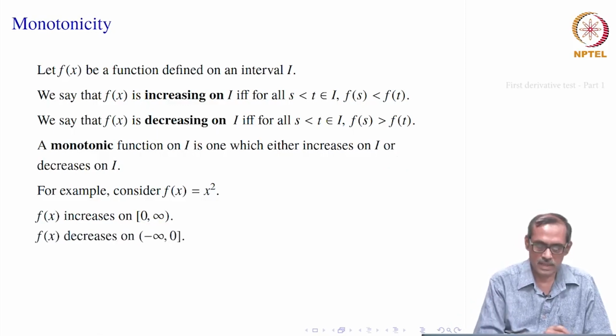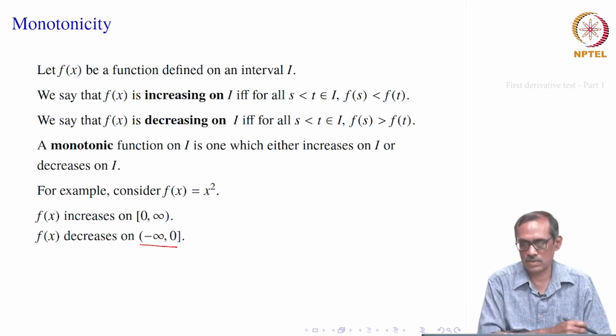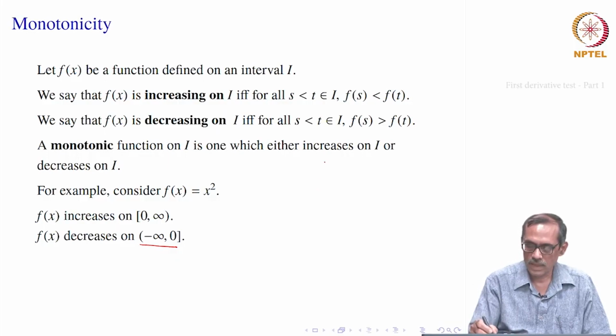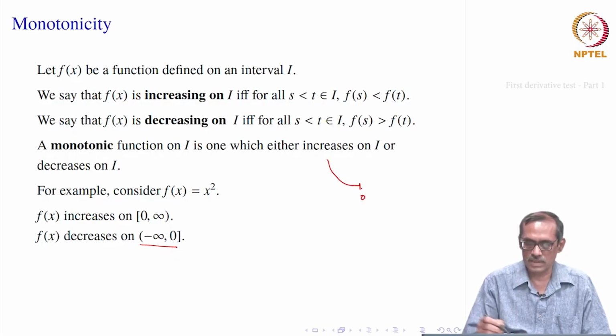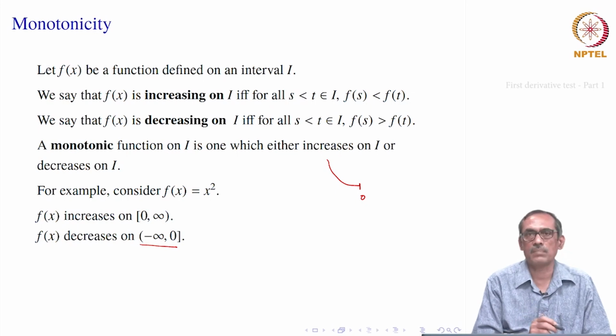When we choose x from minus infinity to 0, that is x is not positive, either negative or 0, then x squared looks like this, so it is decreasing. So it increases on 0 to infinity, closed at 0, and decreases on minus infinity to 0.